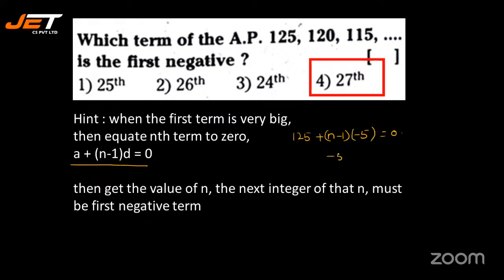So minus 5 into n minus 1 is equal to minus 125.